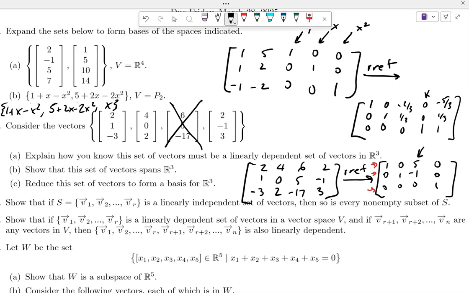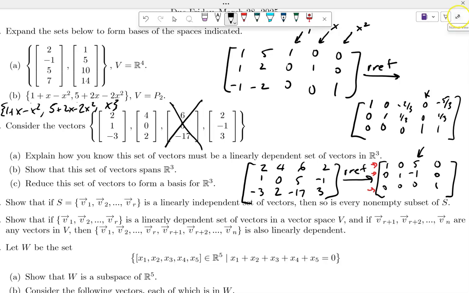Notice that's exactly the same process we did here. I had a set of vectors that definitely spanned, but I didn't need this one or this one, so we threw them out. It's the same process. Okay.